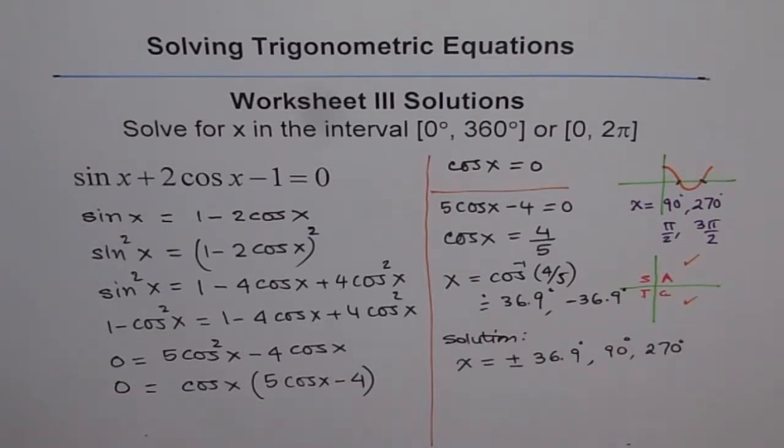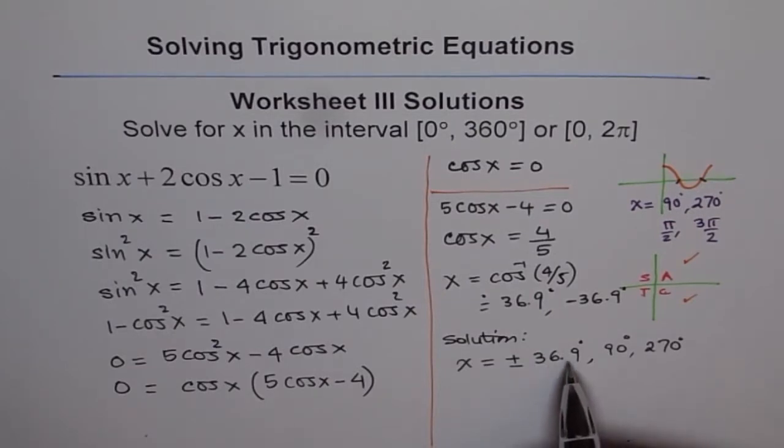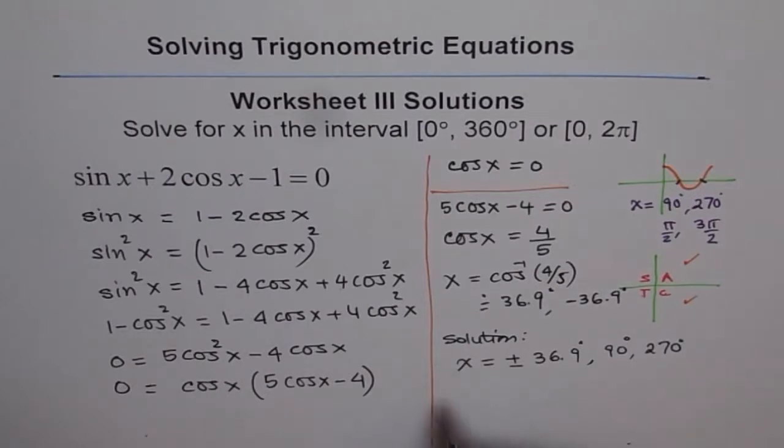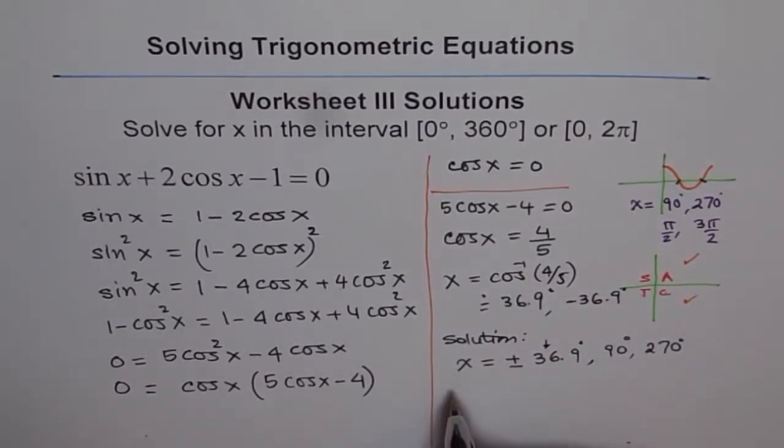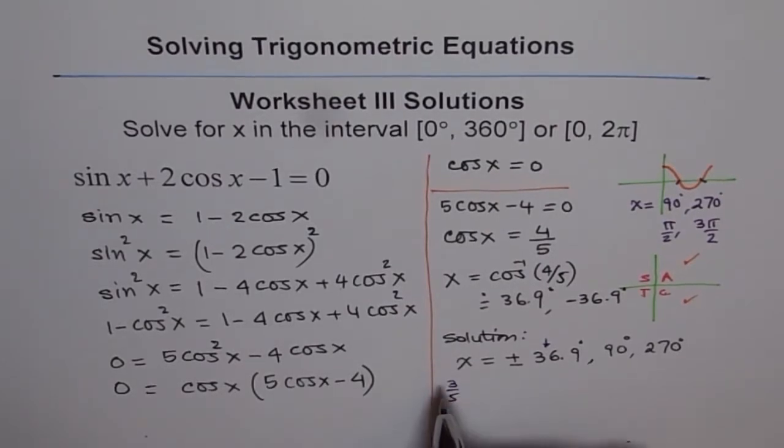So let's do that. First we'll do 36.86 itself, and sine of 36.86 is equal to 3 over 5. So we are now checking the answers. We are doing plus 36.9, so 3 over 5 for sine x. When we check the first answer of 36.9, we get 3 over 5 for sine x, or we can just plug it in for all the values and see if we really get the right answer.